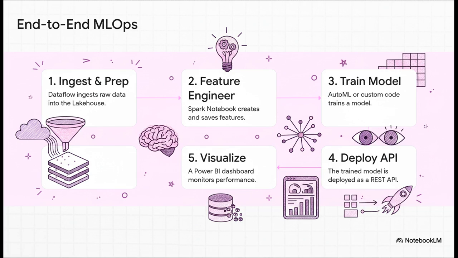Next, a data scientist opens a Spark notebook right there in the same interface to clean it up and create some new features. Then, they train a predictive model, maybe with AutoML or some custom code. With just a few clicks, that model gets deployed as a live API. And finally, a business analyst jumps in and builds a Power BI dashboard to watch how that model is performing in real time.